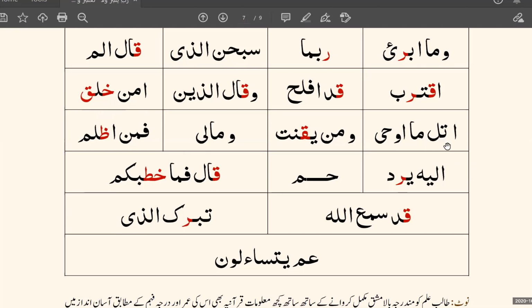Alif, Ta, Lam, Mim, Alif, Alif, Waw, Ha, Ya, Waw, Mim, Noon, Ya, Qaf, Noon, Ta, Waw, Mim, Alif, Lam, Ya, Fa, Mim, Noon, Alif, Dha, Lam, Mim.